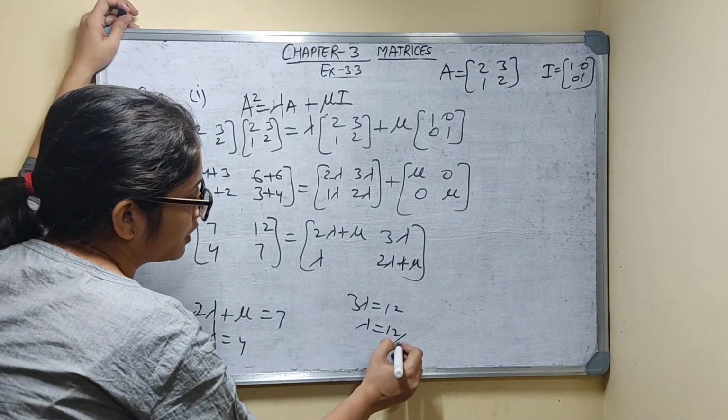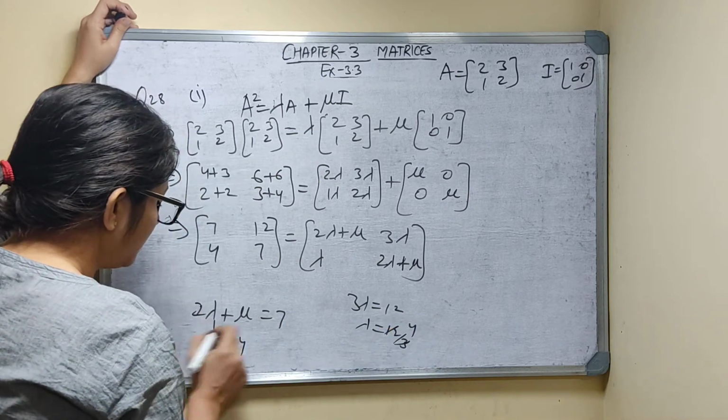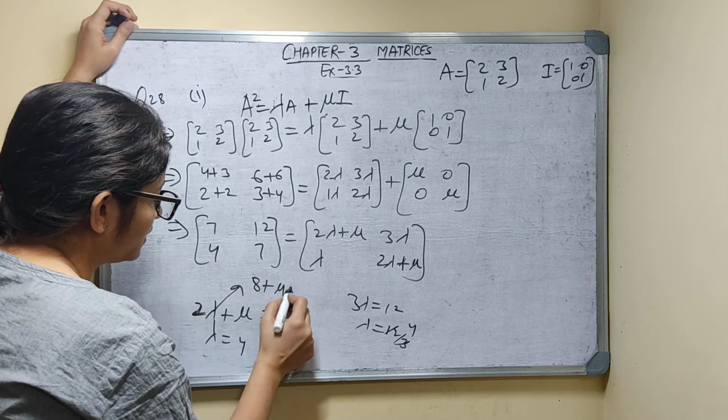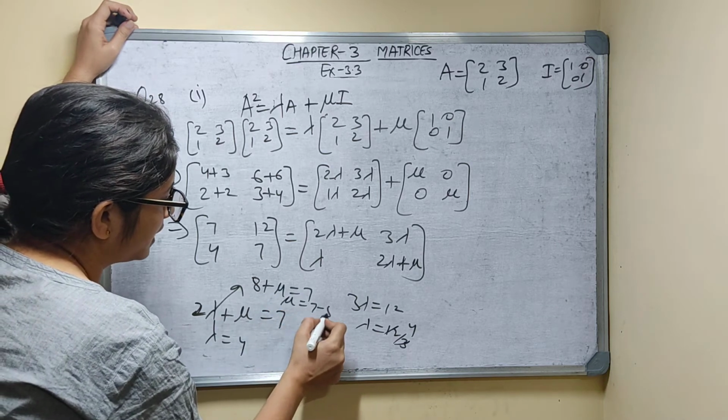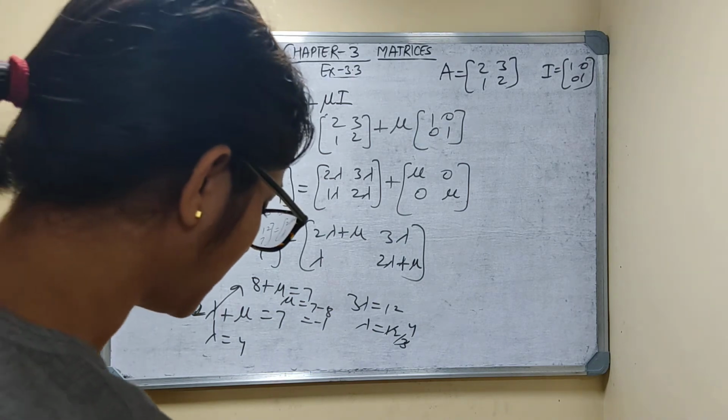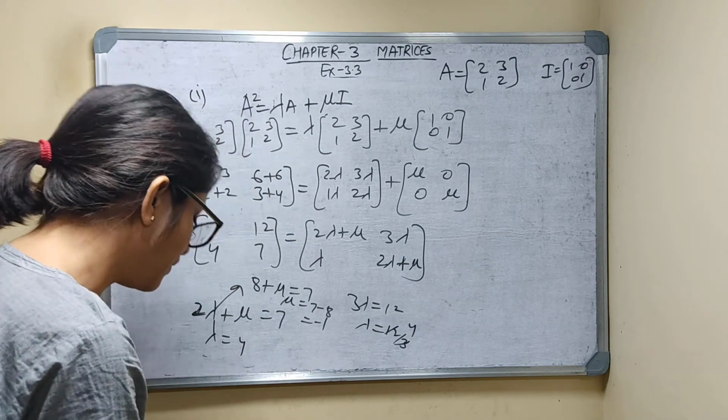Here also lambda is equal to 4. Substitute here: 2 fours are 8 plus mu is equal to 7, so mu is equal to 7 minus 8, that is minus 1. Lambda is equal to 4 and mu is equal to minus 1.